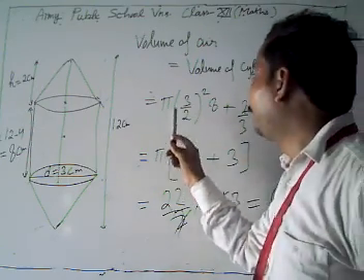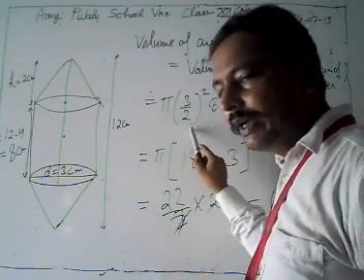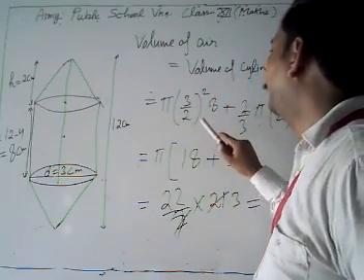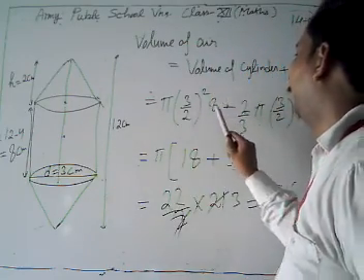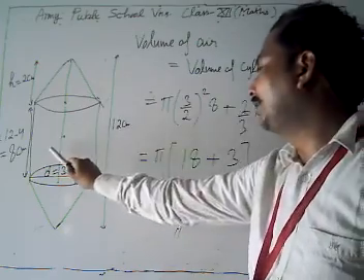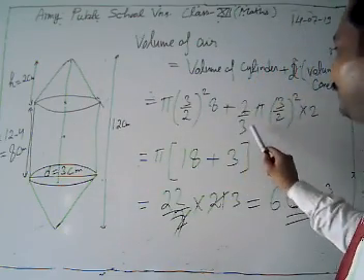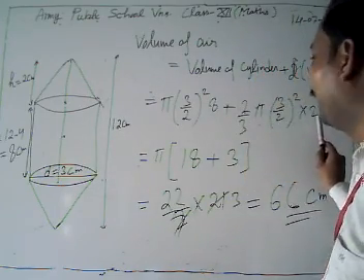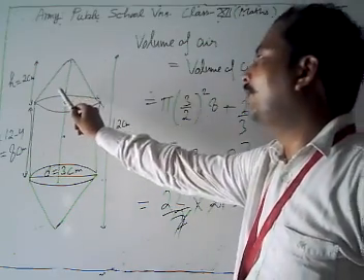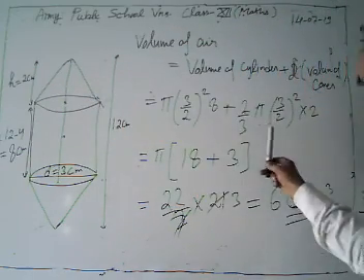We put in the values. Volume of cylinder is what? It's pi r square h. R is 3 by 2, h is the height of the cylinder, plus 2 into 1 by 3, that is 2 by 3 pi r square h. This is the volume of cone, height is 2 there, taking out pi common.